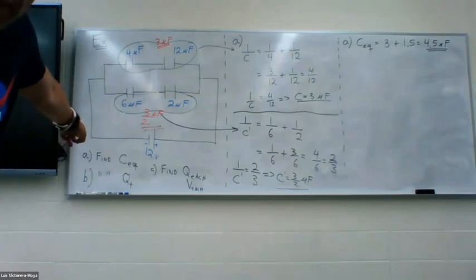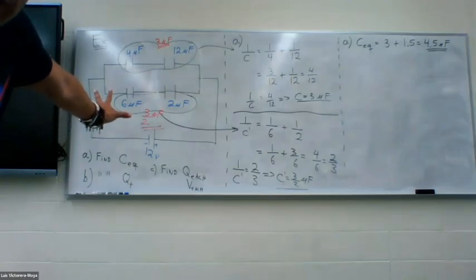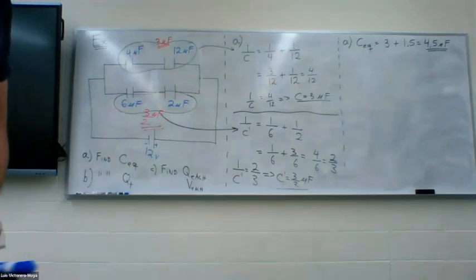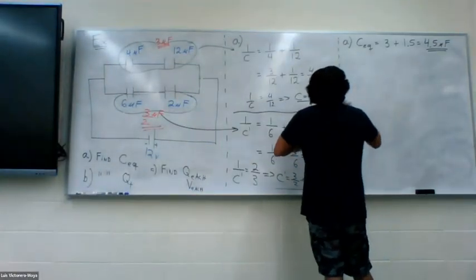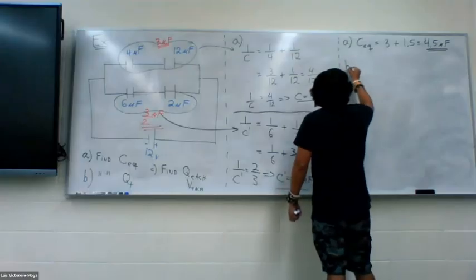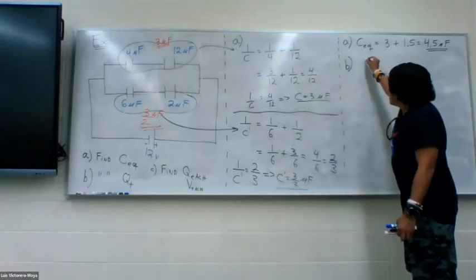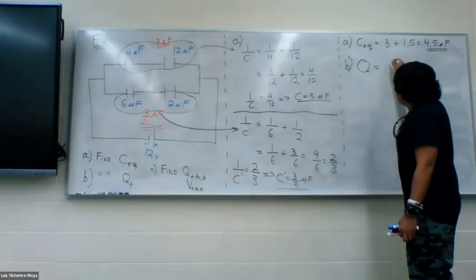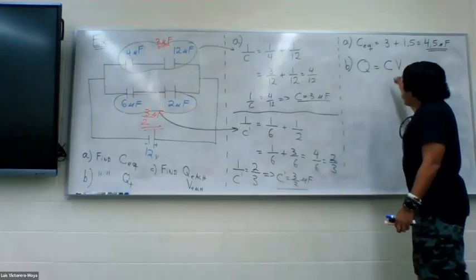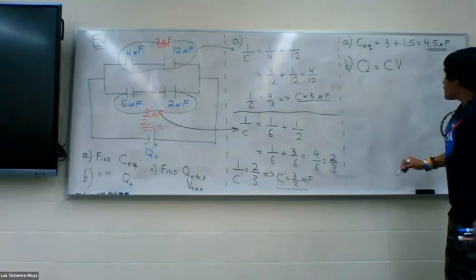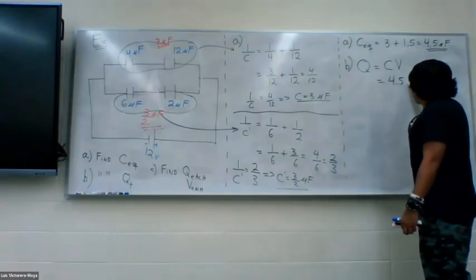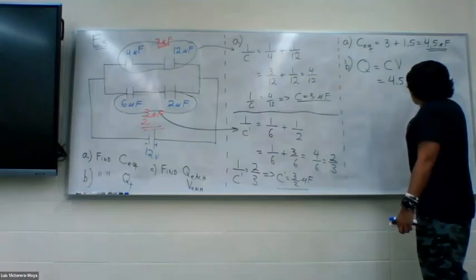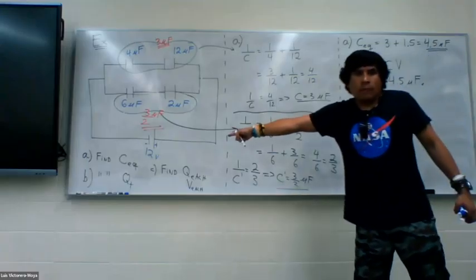Now I can also do part B. Part B is asking me to find the charge on this circuit. Well, we have to write for part B, the charge is equal to C times V. So here will be 4.5 microfarads multiplied by the voltage 12.